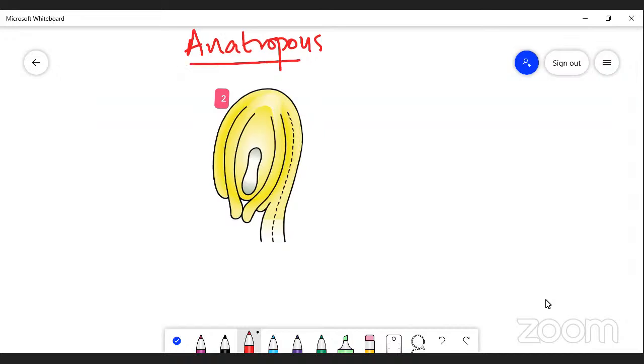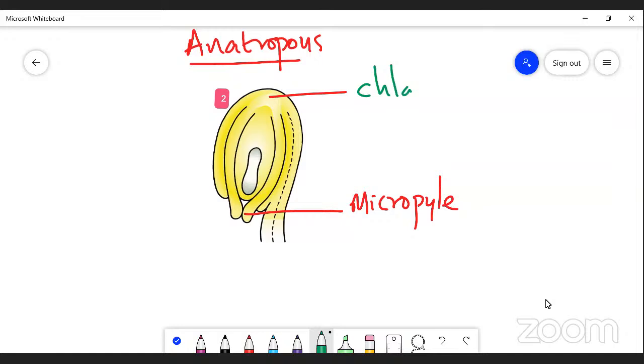Already, as I said, this is a microphyll region, and just opposite you can see the chalazal end or chalazal region. Both the chalazal region and the microphyll region are inverted, right? Simply, both of them are inverted in opposite directions.